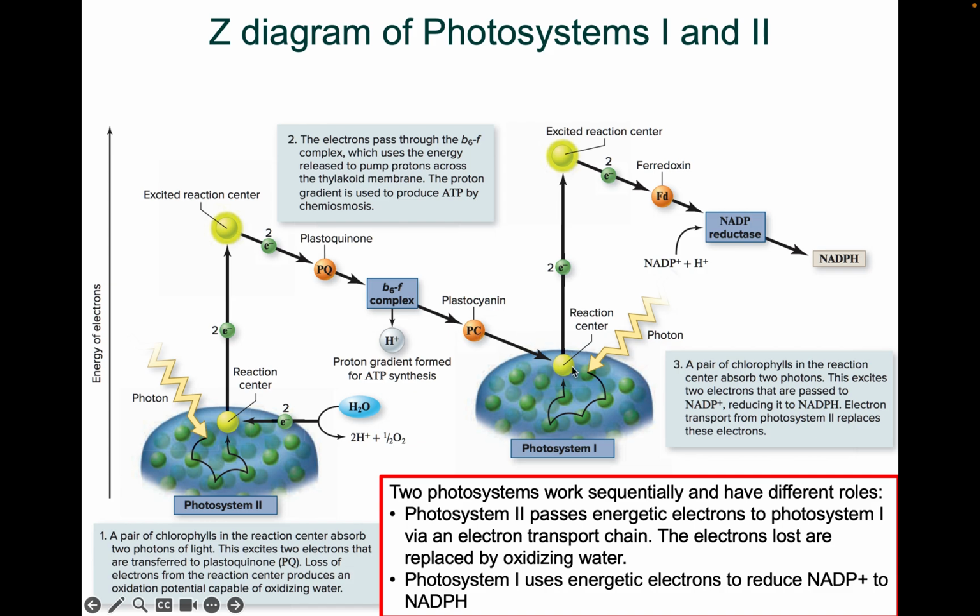So this becomes neutral now. The two electrons are then passed to ferredoxin, which is another electron carrier, and again to NADP reductase, which then creates NADPH. So this NADP reductase helps with the reduction: this enzyme produces NADPH, so it reduces NADP.